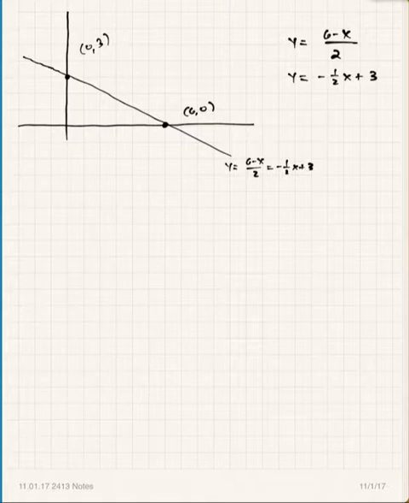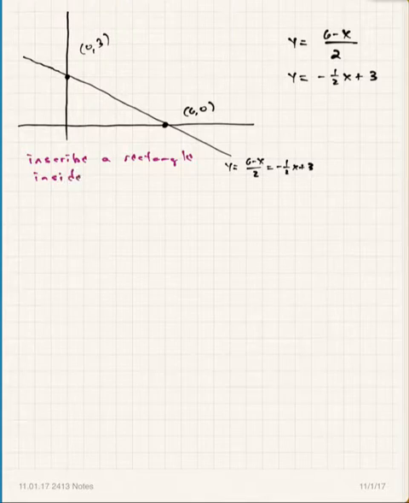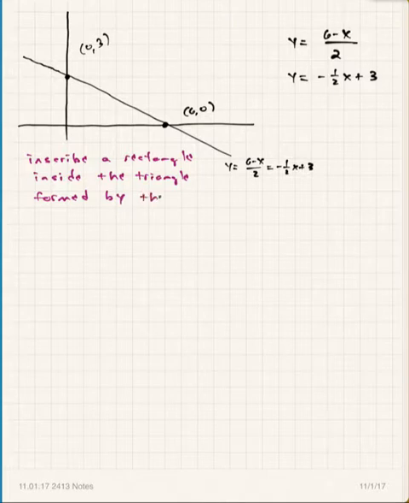So what we're going to do is inscribe a rectangle inside the triangle formed by the line and the coordinate axes.